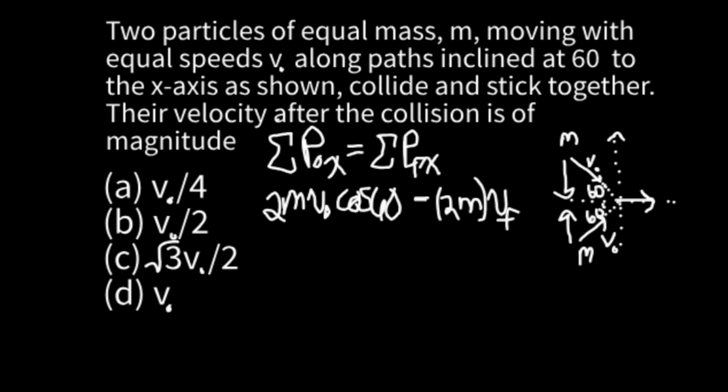Right, and both of these objects have a positive component of the x momentum because they're moving in the positive direction, and they're both moving in the same x direction. So we can immediately divide by 2m, and we know the cosine of 60 is 1/2, and we can say v naught times 1/2 equals our final velocity, and that means B is the answer.